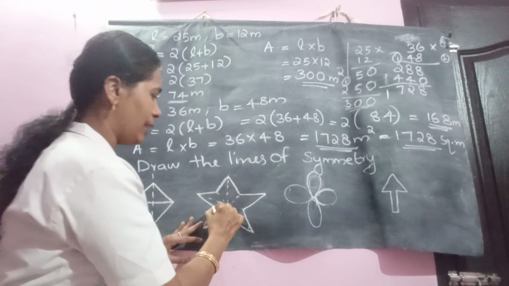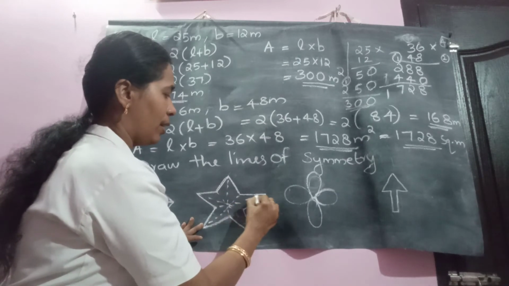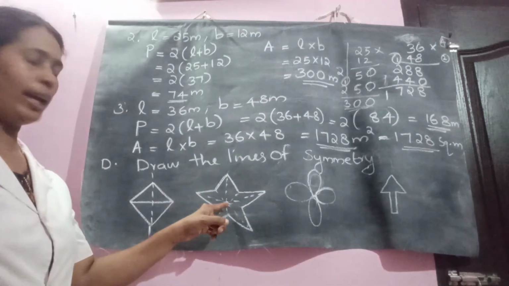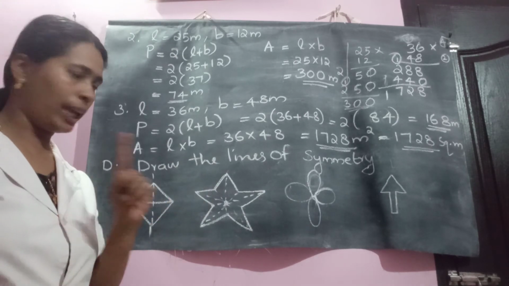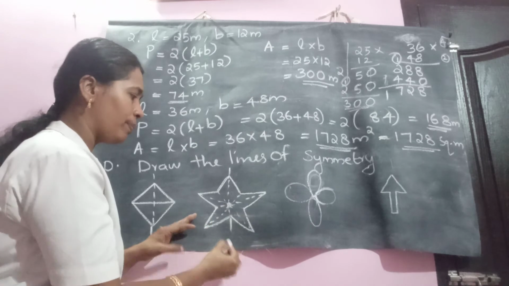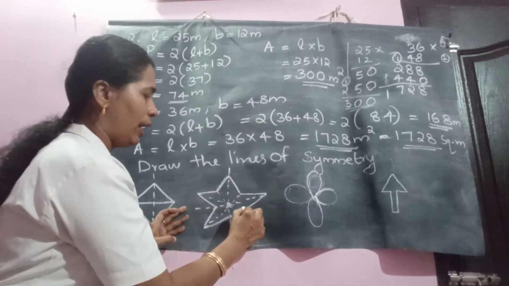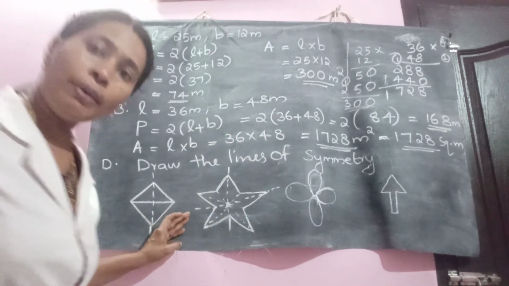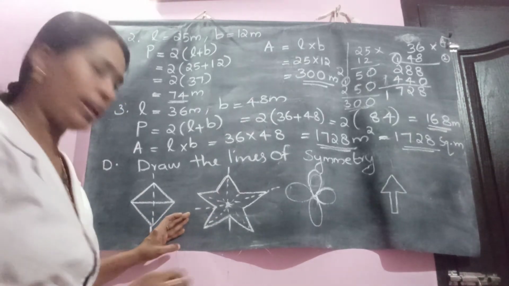And here it is 5. The last one. You can see that all these pass through a common point. This is the line of symmetry. So how many lines of symmetry are there? 5 lines of symmetry.